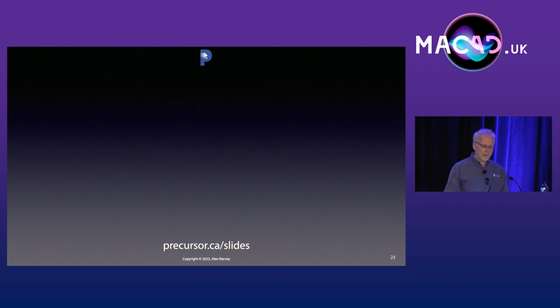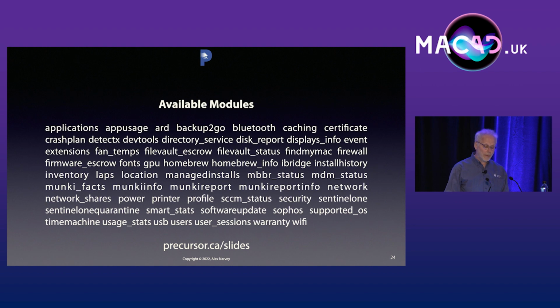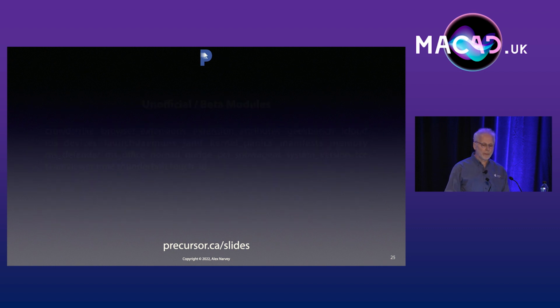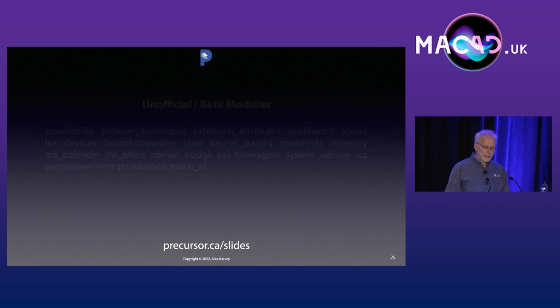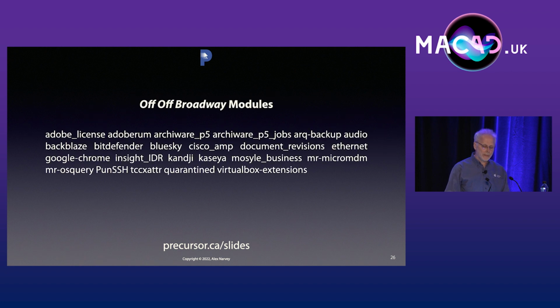And then there are more than 50 official modules that live on Packagist's website and can be updated easily using Composer. There are also some unofficial or beta modules that can be loaded easily from Packagist with Composer. And then there are even more modules that have not made it to the Packagist level yet, but are maintained by their authors on GitHub.